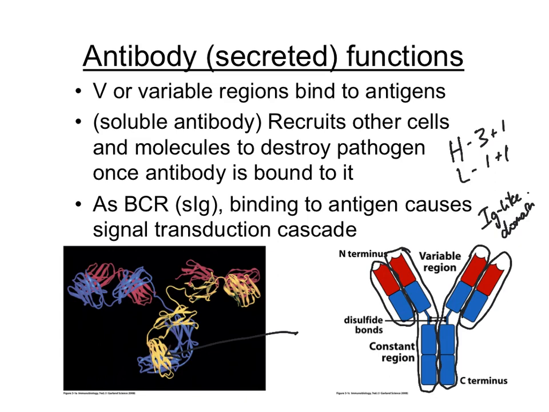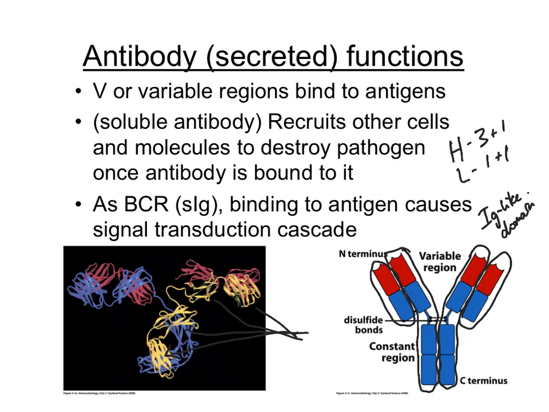And every one of these domains in the yellow all have that same beta pleated sheet structure. Similarly, the blue heavy chain has these 4 similarly folded immunoglobulin-like domains. Each light chain has 2 of them.